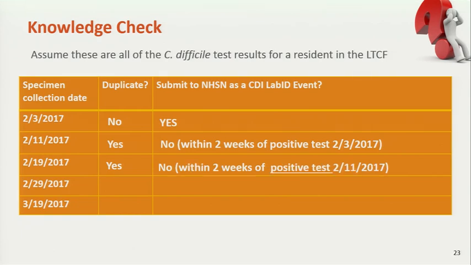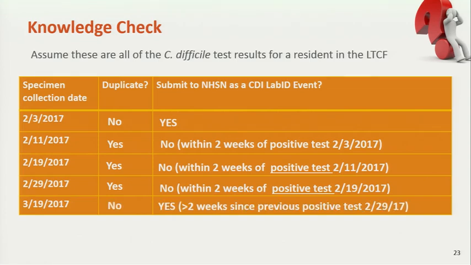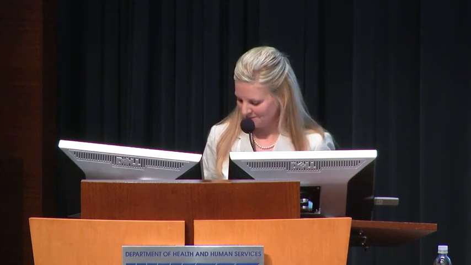No. Again, on 2/29, it is a duplicate, so we do not submit it. And then 3/19, no, and so we would submit that. So hopefully that helps to bring some clarity. I am not advocating for any facility to do this many stool tests on one resident, just so you know.